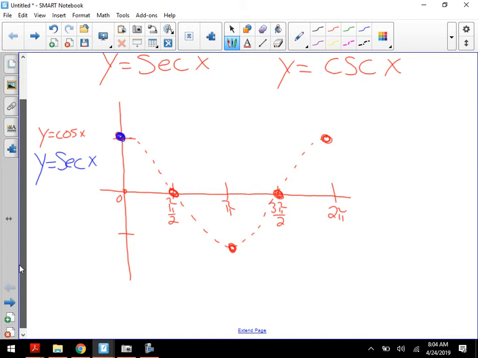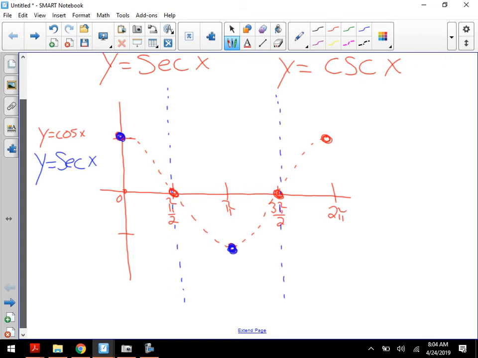Very good. So what happens at the 0 then? An asymptote. Excellent. What's the reciprocal of negative 1? Negative 1. You're just flipping the fraction. What's the reciprocal of 0? Asymptote, yeah. Undefined, very good.